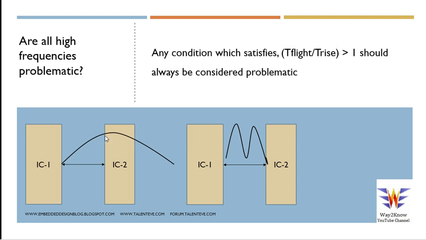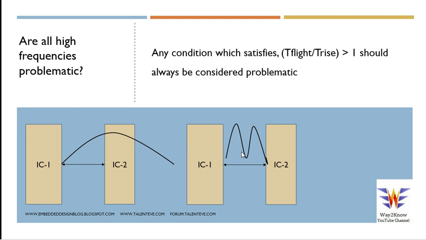To explain, look at the scenario here: IC1 and IC2, and there is a rise time for this signal. If by the time the signal rises to its full extent or nearly to its amplitude, the second IC is able to read that signal, you will not have to bother about any high speed issue, because that will be read perfectly.